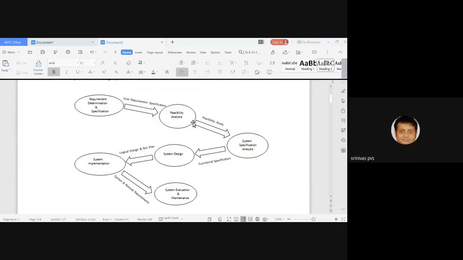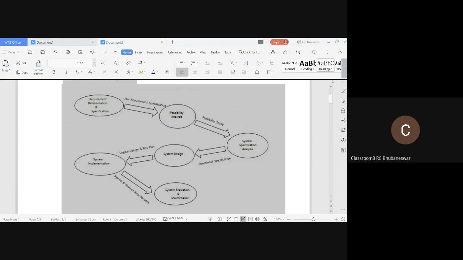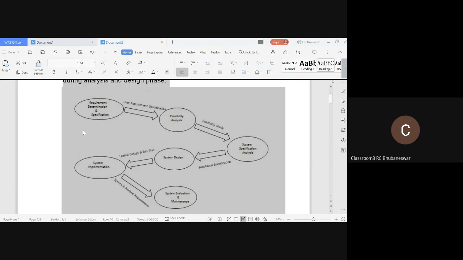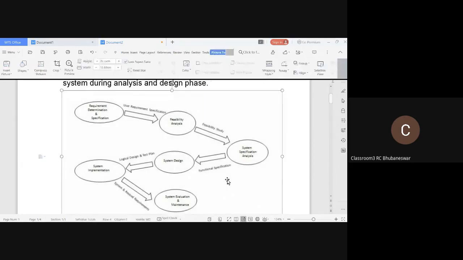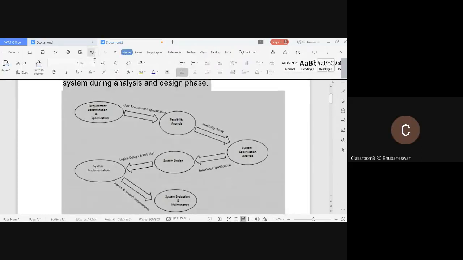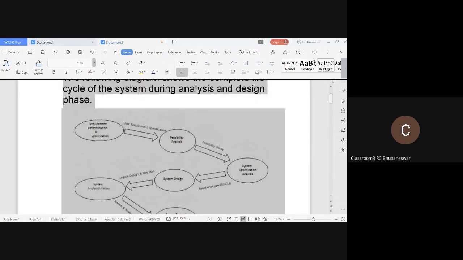Slightly increase the font. Yes, sir. Okay, let me increase the font. Now more clear? Yes, sir. After explaining the diagram, we'll reduce the font also.